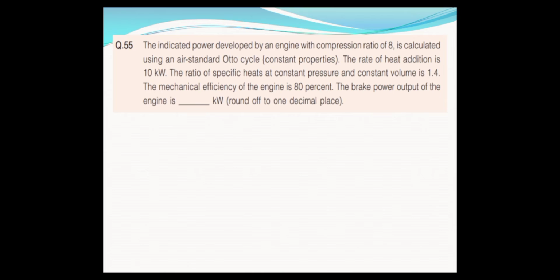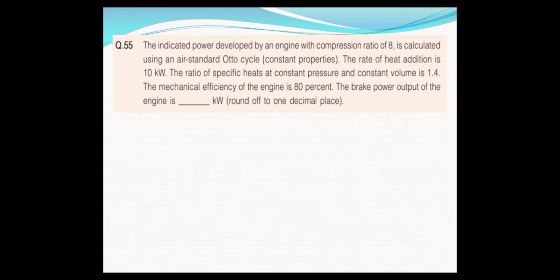And the specific heat ratio or adiabatic index is 1.4, that is Cp by Cv is equivalent to 1.4. The mechanical efficiency is 80%. Then we have to find the brake power, that is shaft power at the flywheel.